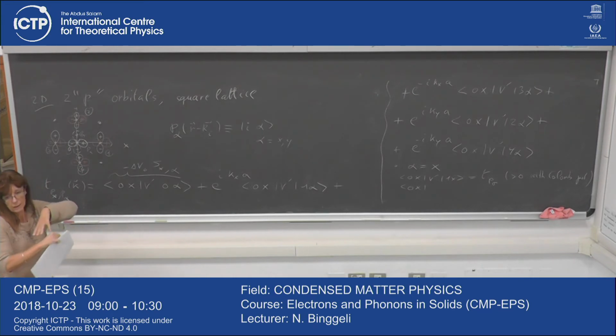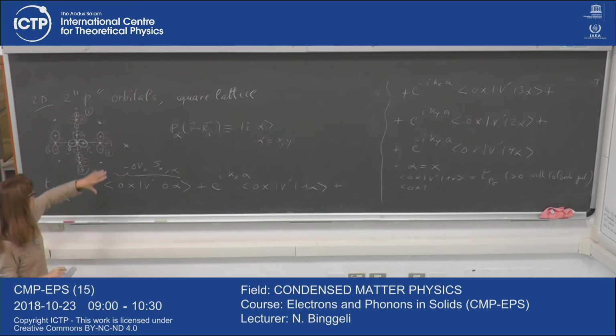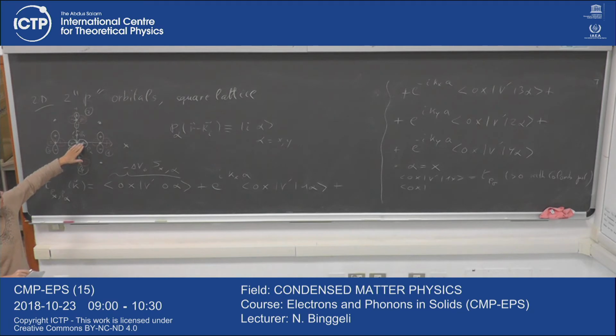Now the crystal field is negative, it's an attractive potential in this region. And here I have the product of a wave function which in this region is positive times a wave function which in the same region is negative, so the product will be negative. And then I integrate these negative things times a crystal field that is negative, so it has to give something positive. I need clarification on how this one is negative.